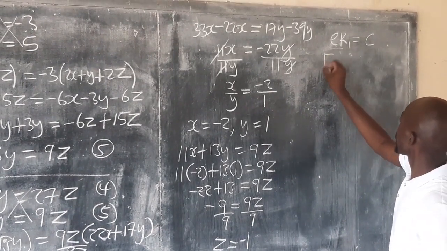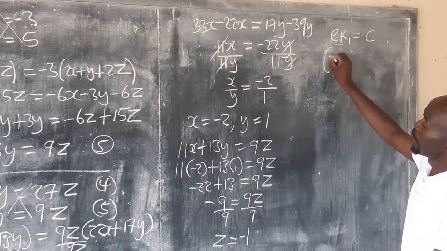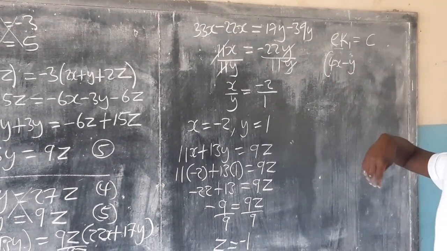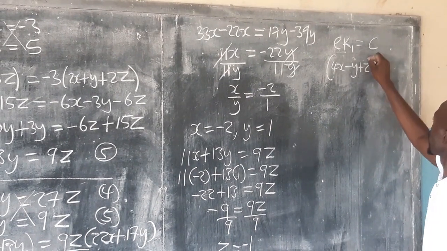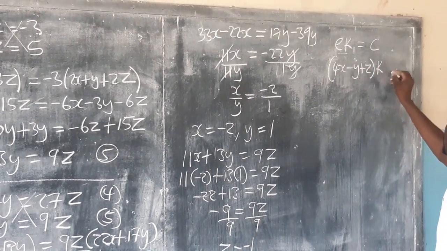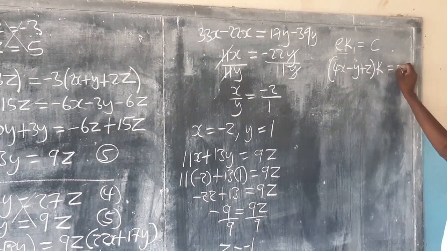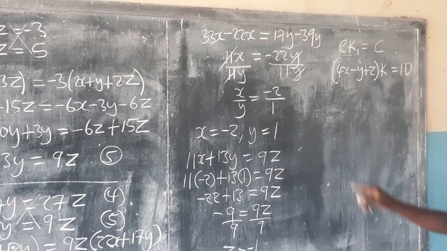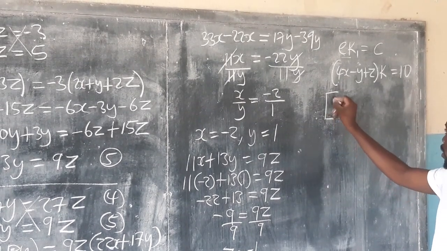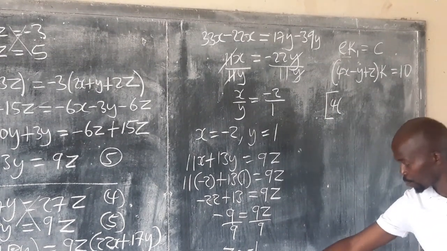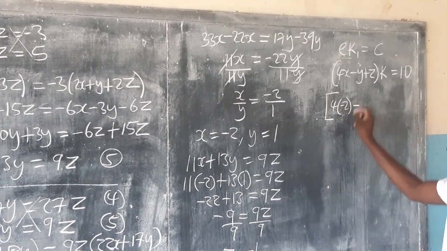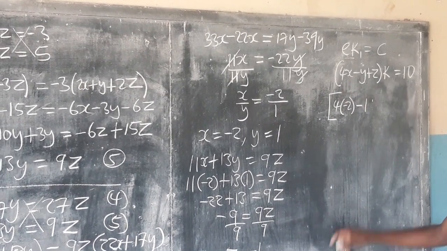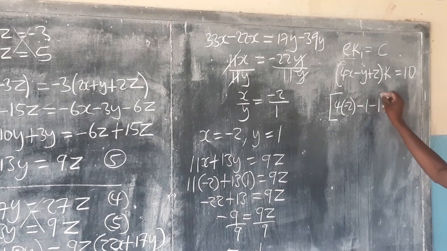So that is my 4x minus y plus z, outside I have k, equals my c, which is positive 10. I need to substitute the critical values now. For x is negative 2, minus my y which is positive 1, then my z is negative 1, which will be negative 1 here.